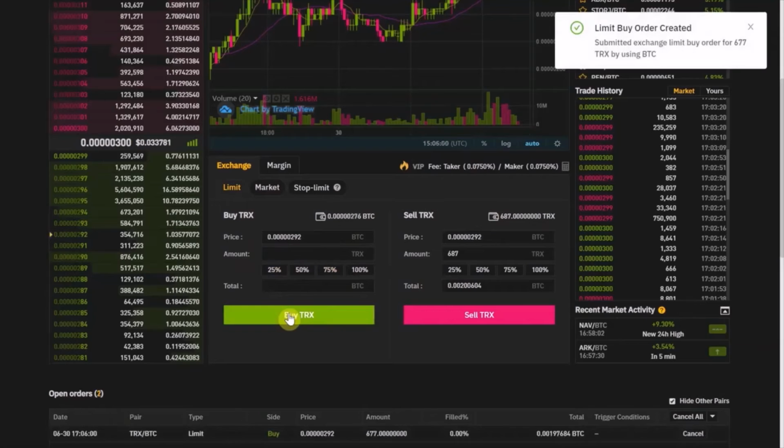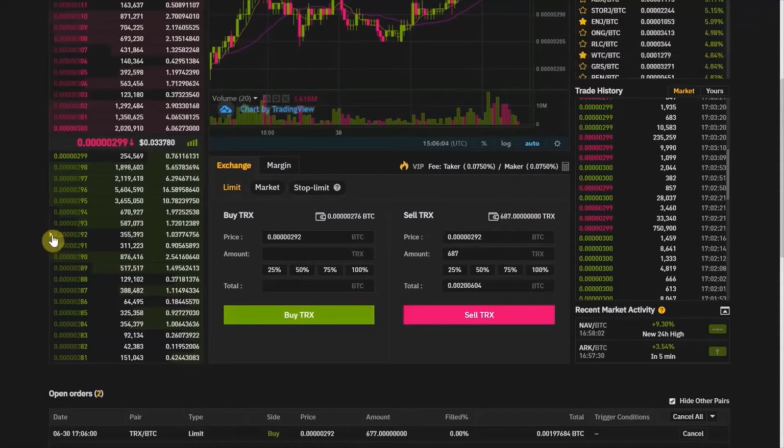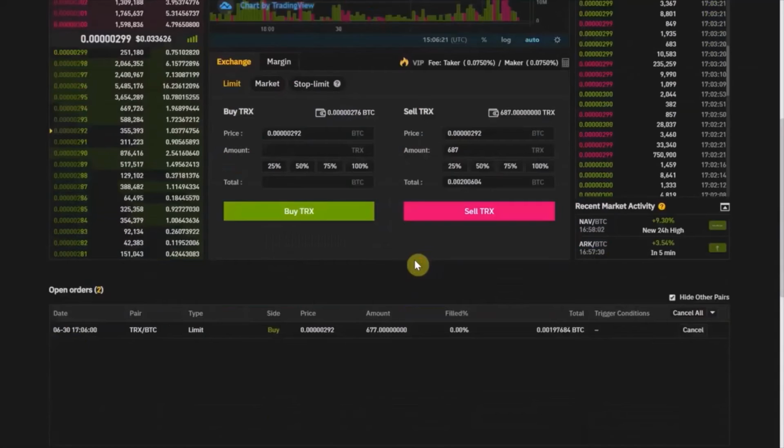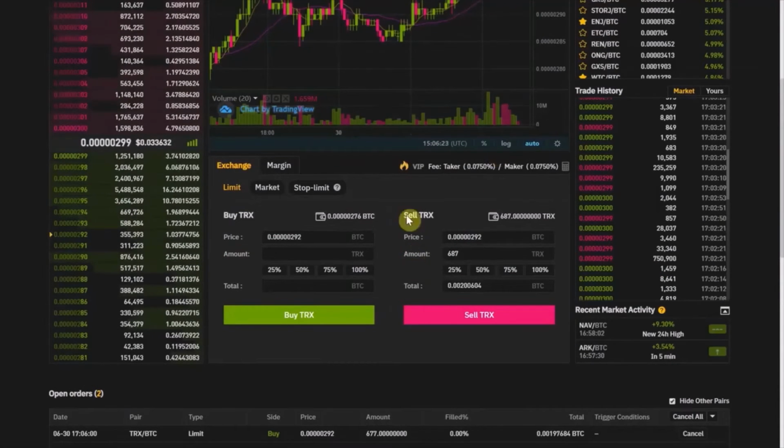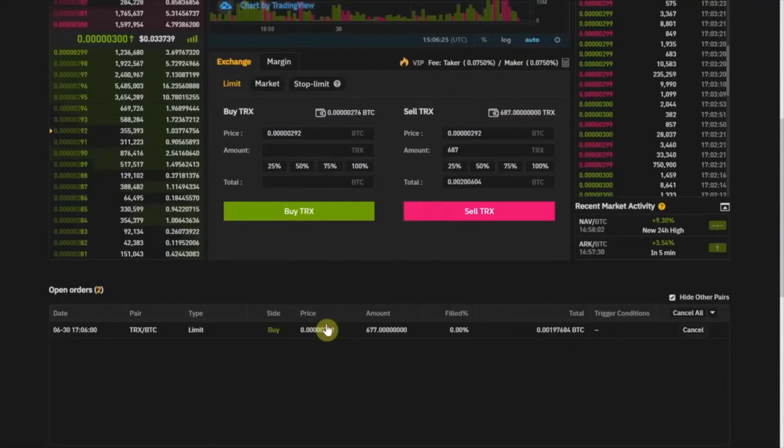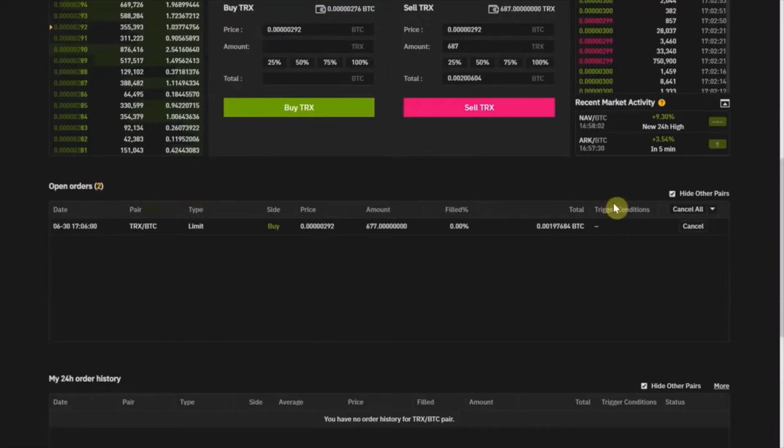Just click buy. So now you see your order, you have this indicator here, your order is inside these 355k TRX tokens. Your order is right here, so you have to wait for all this to clear until your order gets filled. And you have here your open orders.